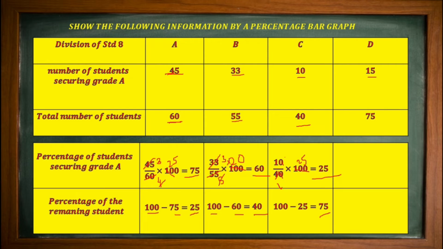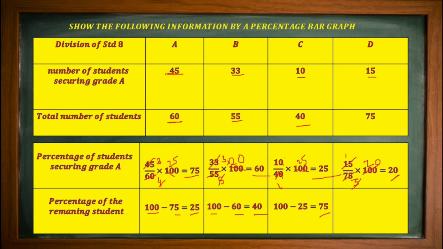Now we are moving to the D division, where you are looking at 15 students out of 75 students. So 15 upon 75 into 100: 15 ones are 15 and 15 fives are 75, so 5 twenties are 100, and 20 is the answer here.